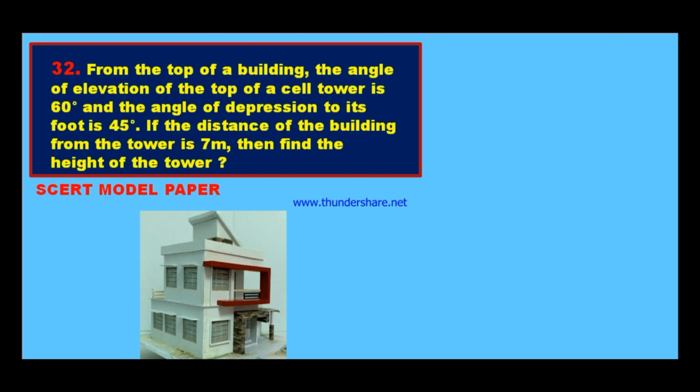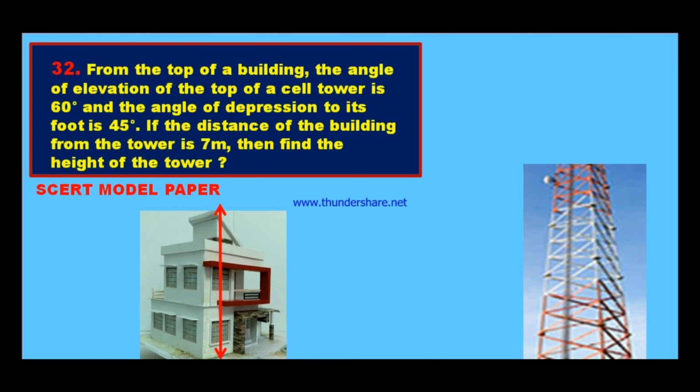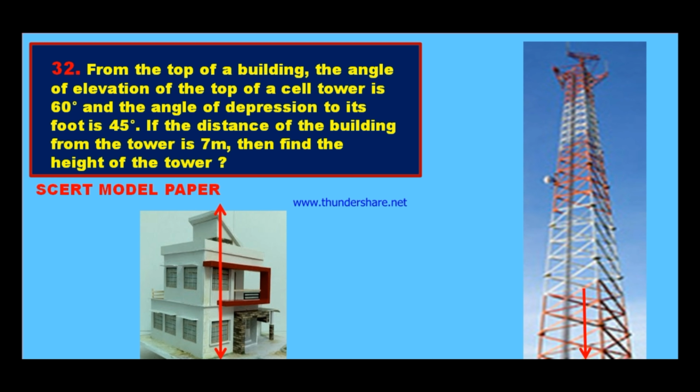Here is a building and this is the tower. This is the height of the building and that is the height of the tower, and the distance between the building and the tower is 7 meters.